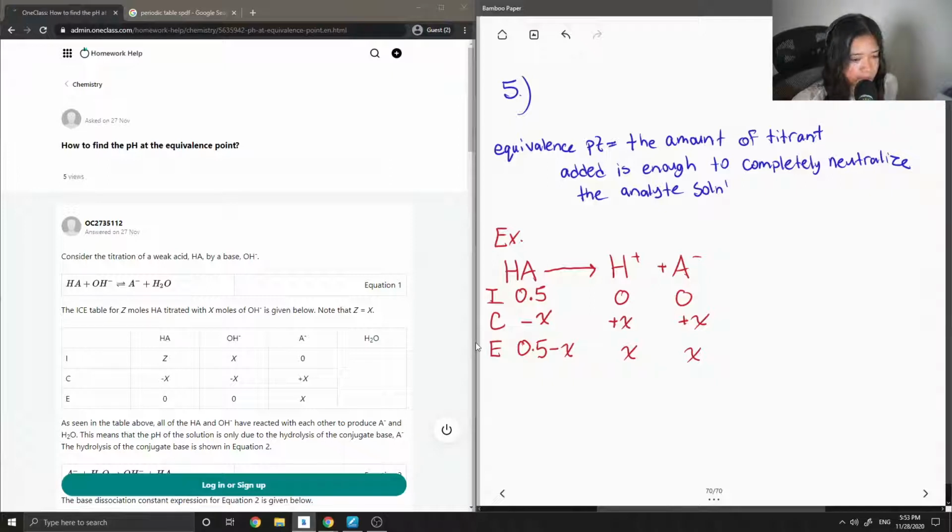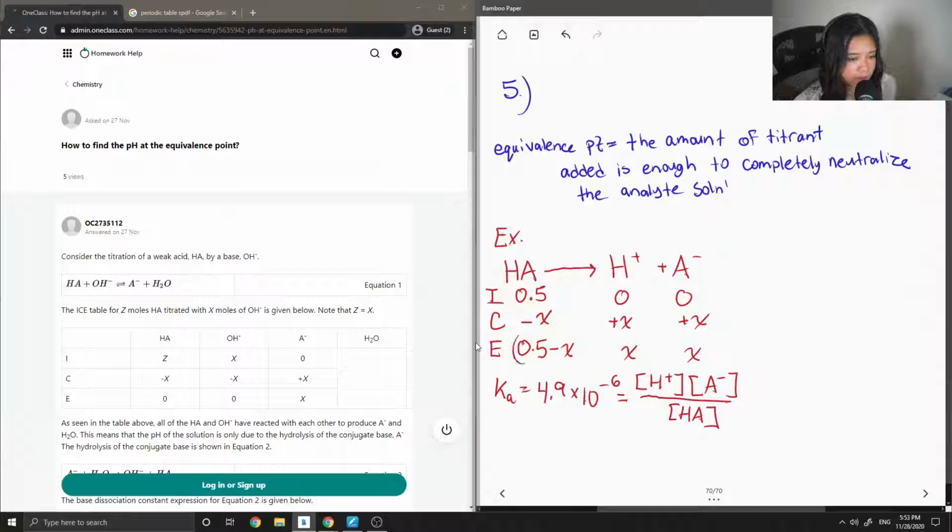So let's say there was a Ka value given. It's usually around like 4 point something times 10 to the negative 6, let's say. This Ka value is equal to the concentration of H+ times the concentration of A- divided by the concentration of HA.